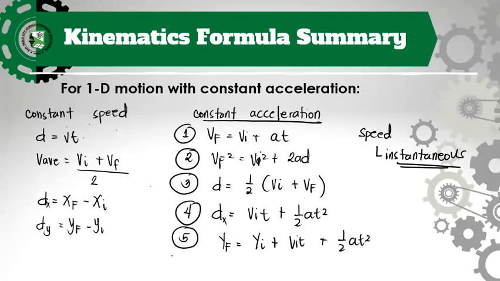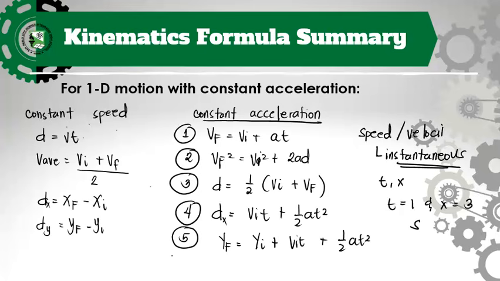Instantaneous means that at a given exact point or exact time, time and position, what is the value of speed? For example, at T is equal to 1, and X is equal to 3, the value of speed, let's use S for speed. This is also applicable to velocity because they're the same.